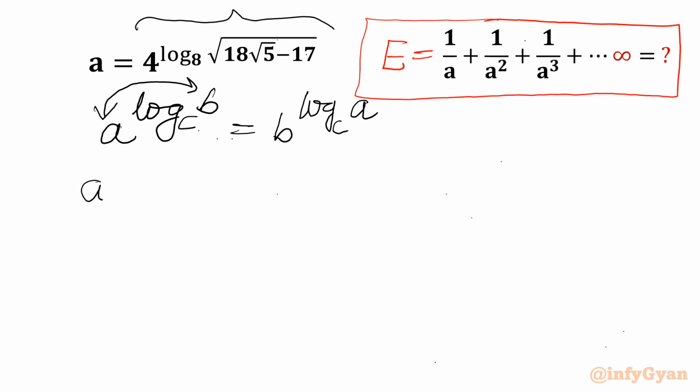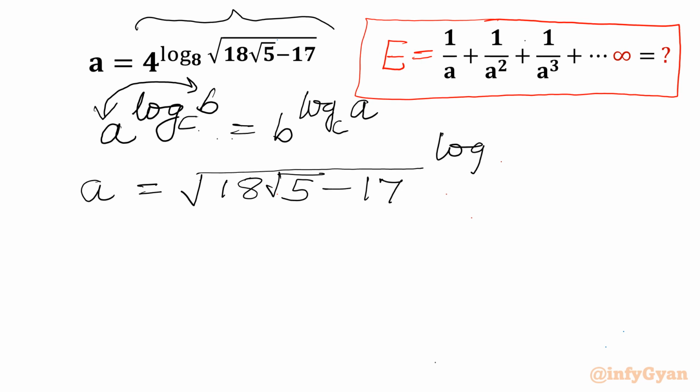So I can write a will become square root of 18 root 5 minus 17, and power will become log 4 with base 8. Now I will simplify our power separately. Log 4 base 8.